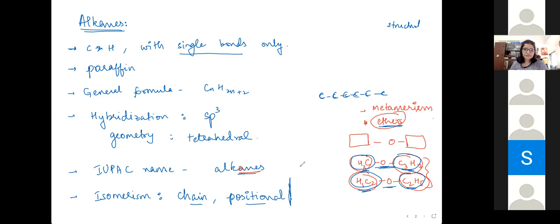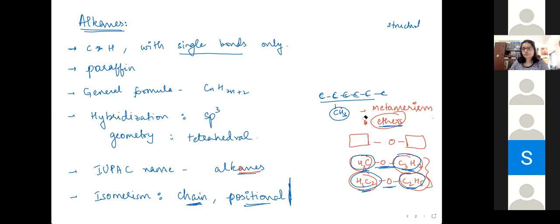So the only types of structural isomerism you'd find with alkanes are chain, because they can differ in chain length, and position, because they can have the same chain length but differ in the position of the substituent, the methyl or ethyl or whatever they may have. Clear? So these are the only two types of structural isomerism that alkanes will show.